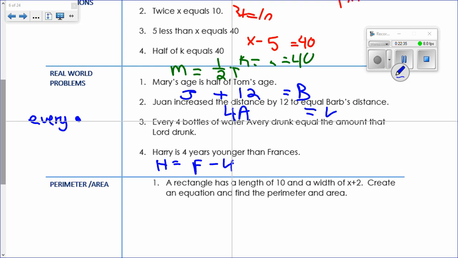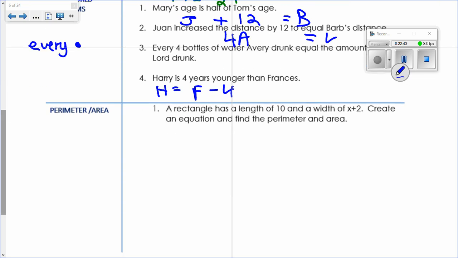Now the next problem is a perimeter and area problem. So the perimeter of a figure, you just add all of the things around it. The length, the width, the other length, and the other width. But for the area, you're just multiplying the length times the width. Okay?